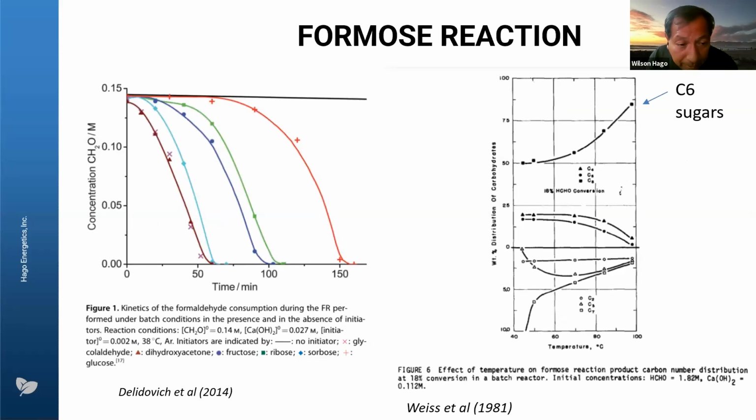There was a paper not long ago by Delidovich and others looking at how the formaldehyde reacts in the presence of different initiators. So they tried glycoaldehyde, hydroxyacetone, fructose, and even glucose. What's interesting is that glucose itself is an initiator that basically allows the reaction to be autocatalytic.